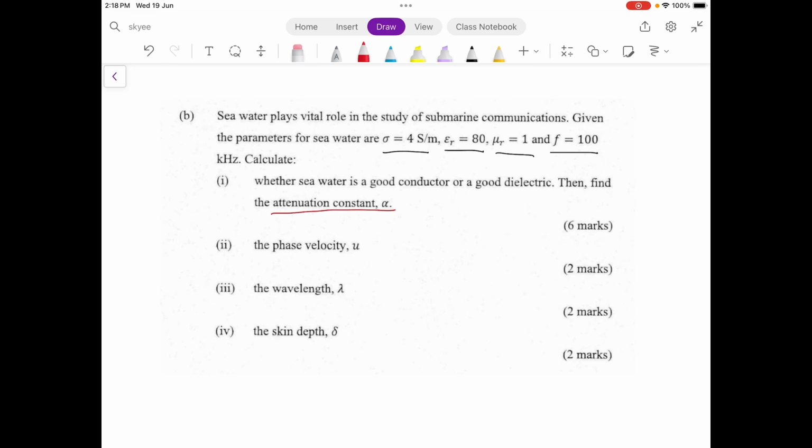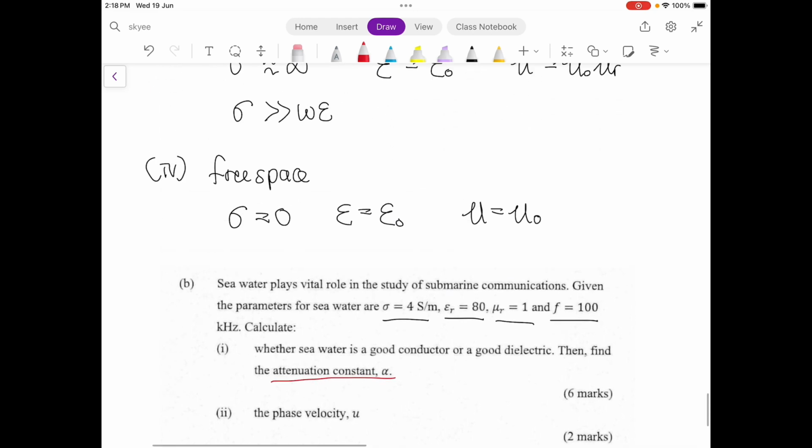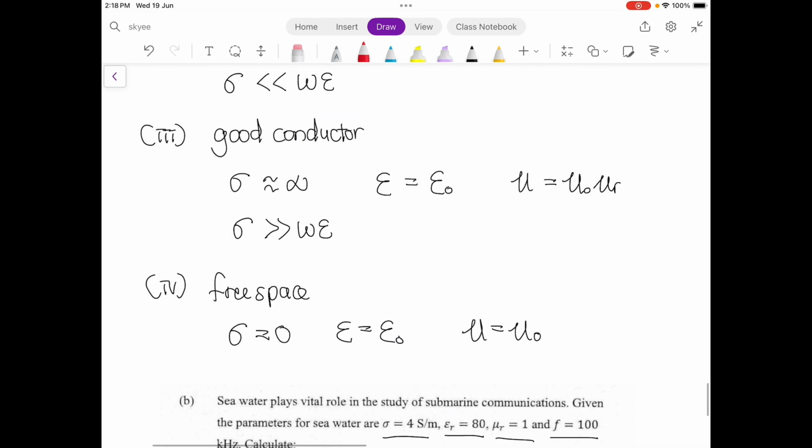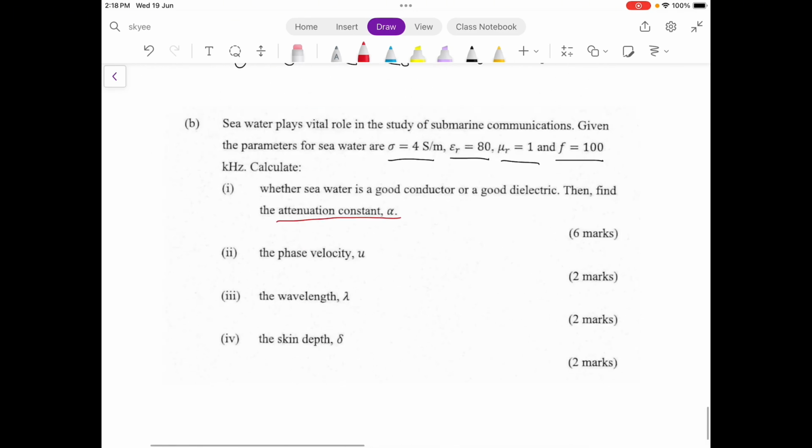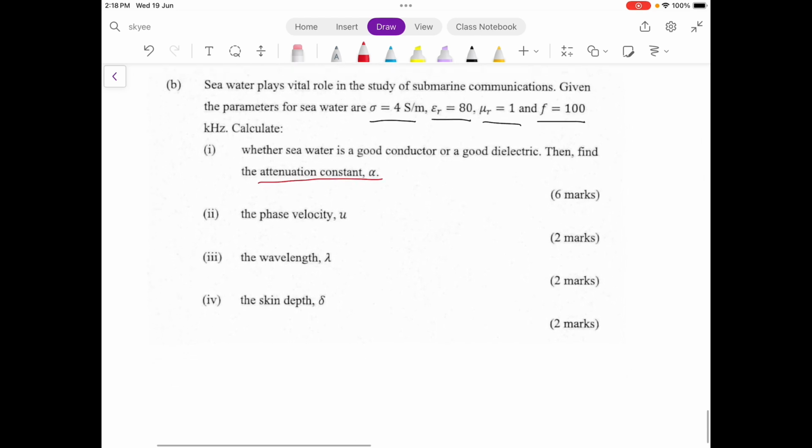A medium is considered a good conductor when the conductivity is greater than omega multiplied by epsilon. If this is correct, then it is a good conductor. So you have to prove it. How to prove it?